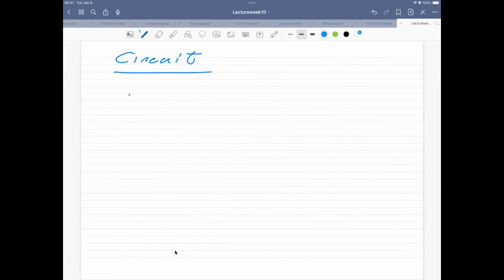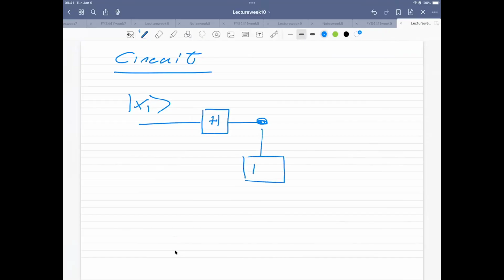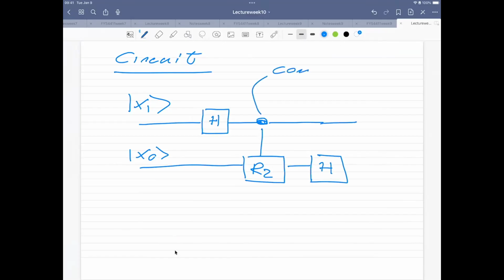Instead of having qubit 0 here, or x0, we say now that this is the most significant bit. So we would have a Hadamard acting on that one. Then there is a controlled rotation gate, which is an R2, the expression we put up on the previous whiteboard. There's going to be a new Hadamard here. And finally, this is a controlled phase gate.